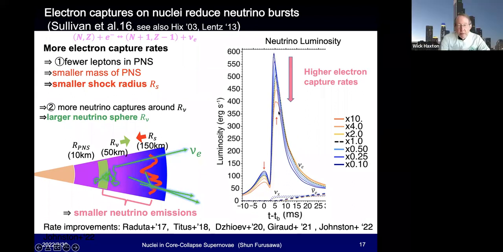And I should remark this was, of course, a huge issue, that early peak, in the early days of trying to understand whether a prompt mechanism could be viable or not. Basically, the way those neutrinos get out, it's not just the electron capture, but any weak process in that early evolution of the star that allows neutrinos to occupy low energy states leads to enhanced emission. What was discovered was really the failure of the prompt mechanism when all the inelasticities were turned on.